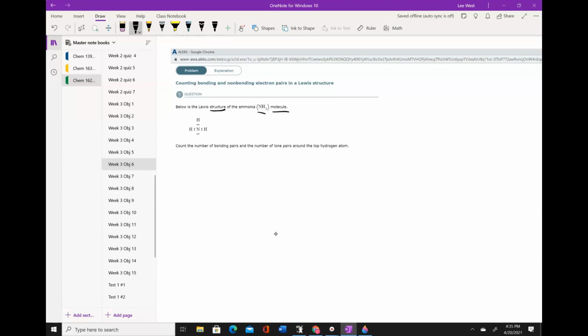Okay, below is the Lewis structure of the ammonia molecule. Count the number of bonding pairs and the number of lone pairs around the top hydrogen. Bonding pairs are those that exist between atoms, so in this molecule, they're the ones between the nitrogen and the hydrogen.